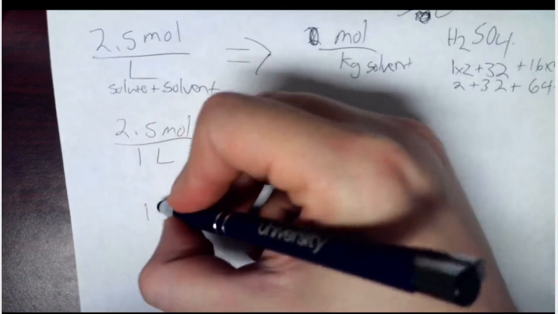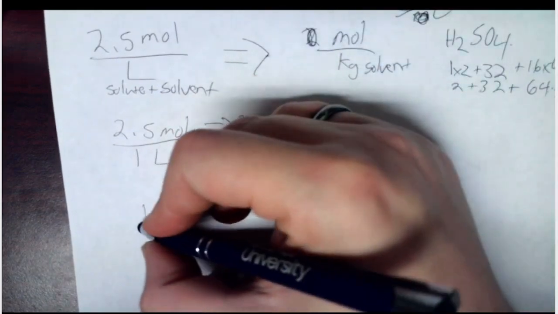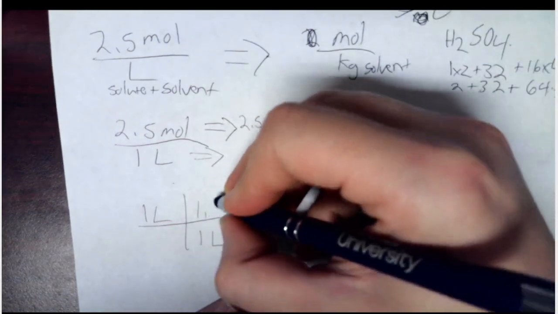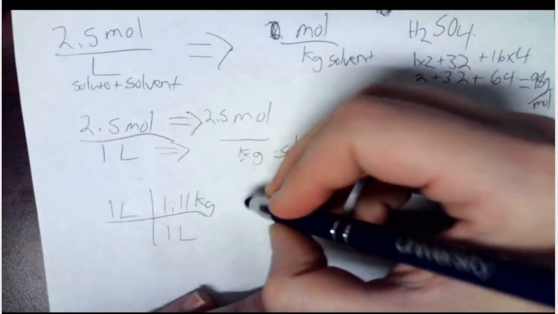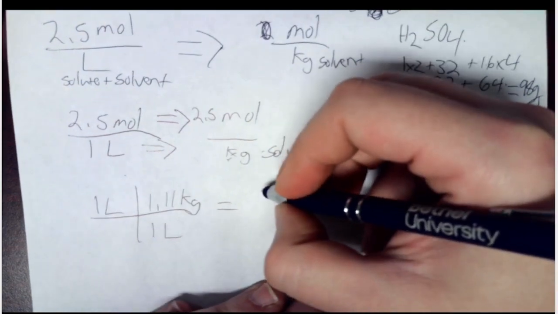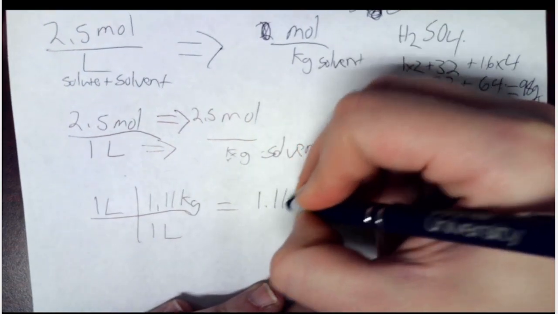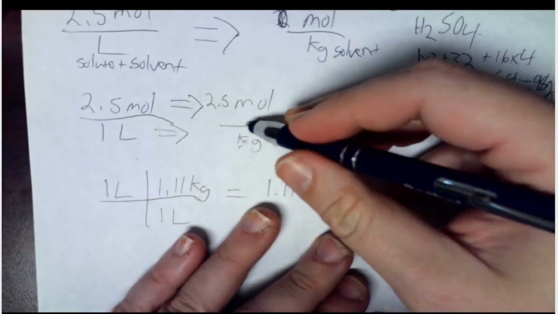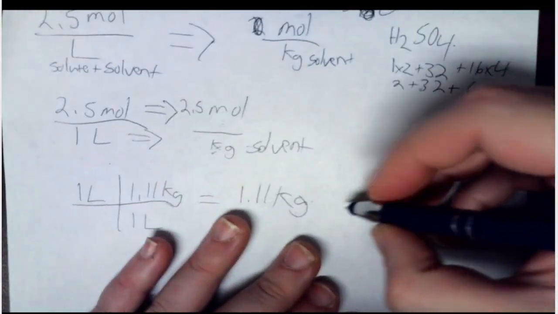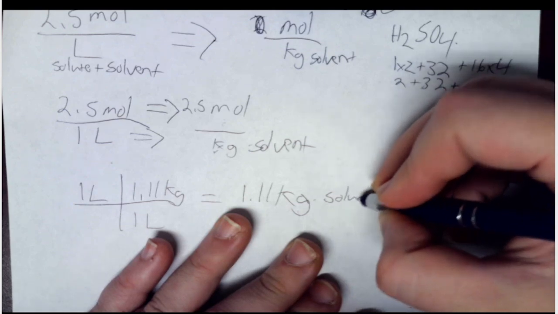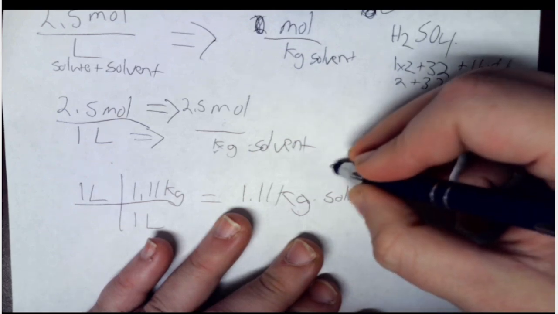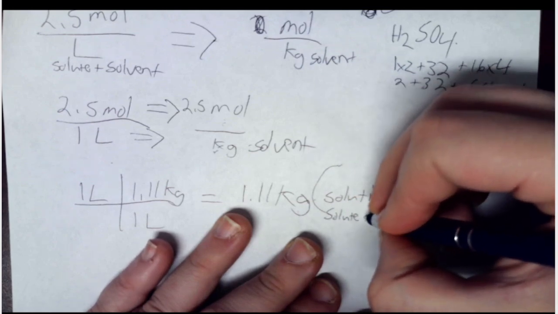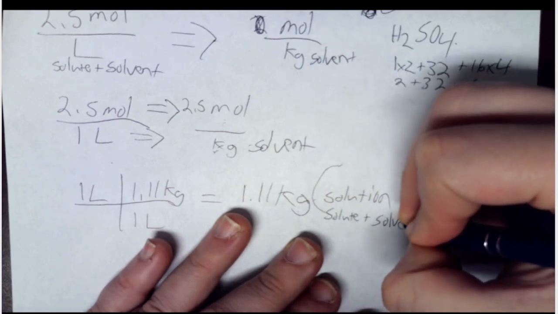So 1 liter with a density of 1.11 kilograms per liter would have a mass of 1.11 kilograms. Now you'd think, okay, I just take this and divide 2.5 by 1.11. But this is solution, which is solute plus solvent.